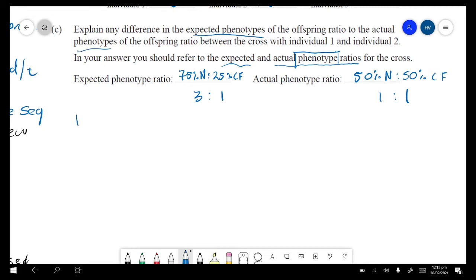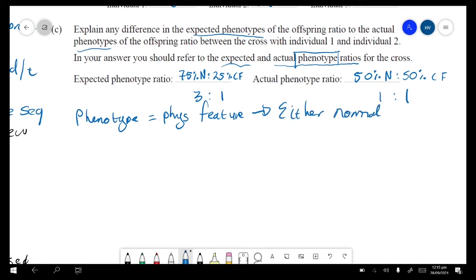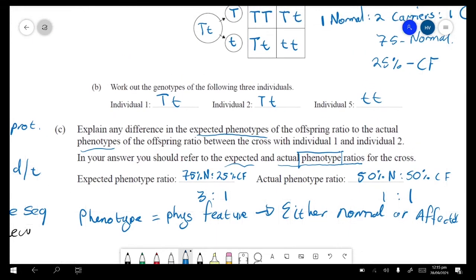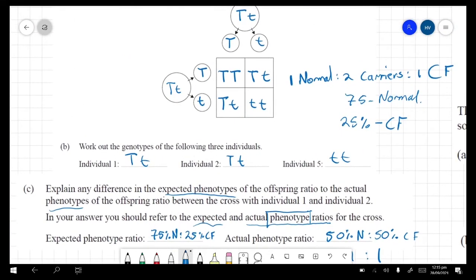So the first thing we do, we define a phenotype again. So a phenotype is the physical feature. And in this case, it is either normal or affected. Okay, now a Punnett square refers to every fertilization has a 75 to 25%.